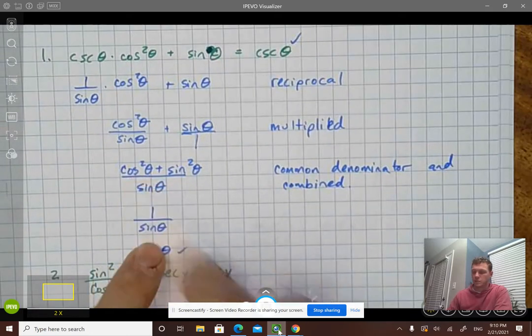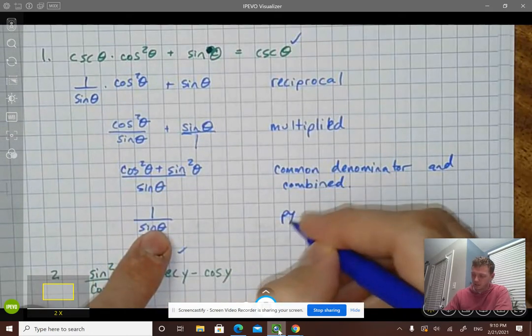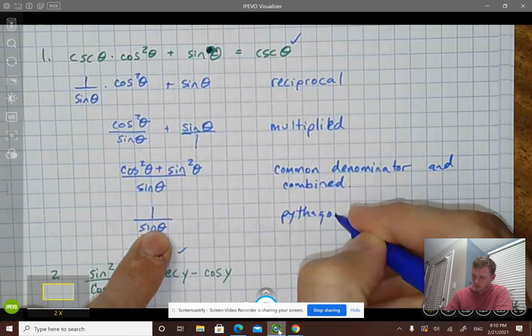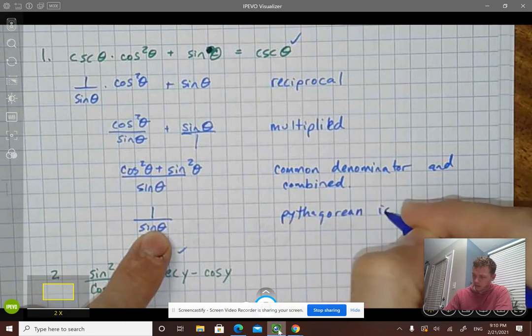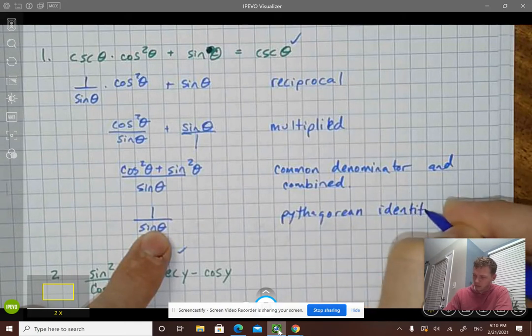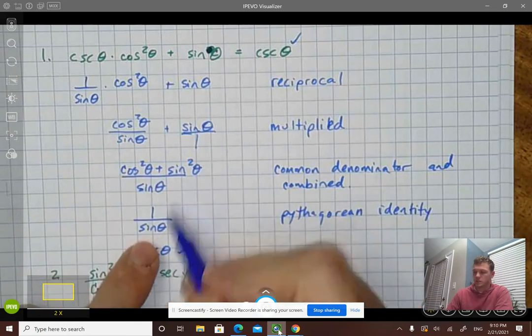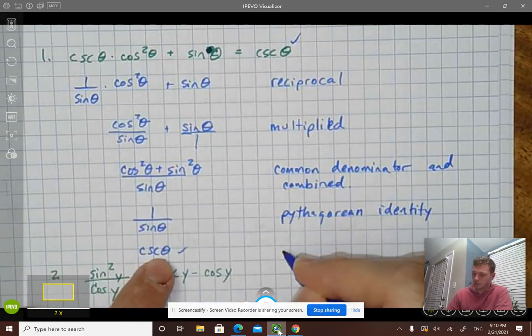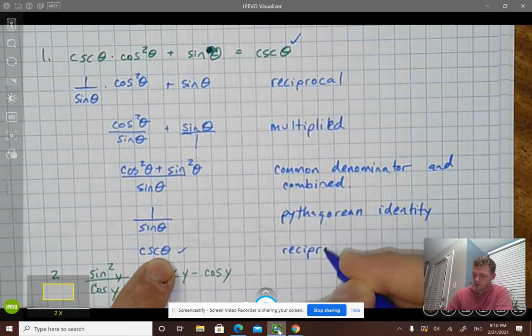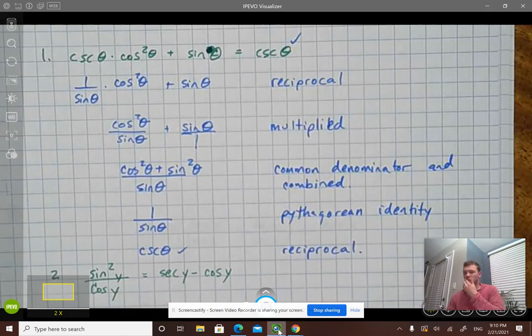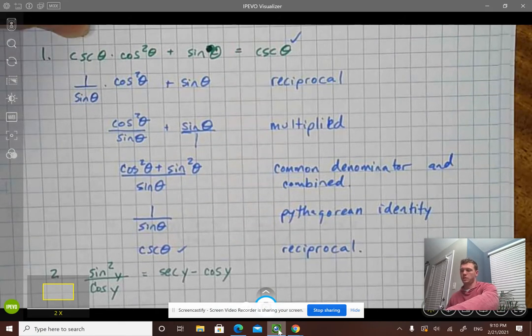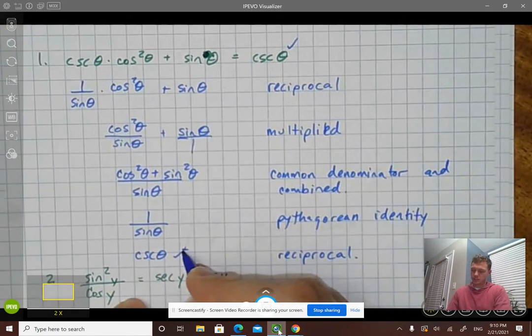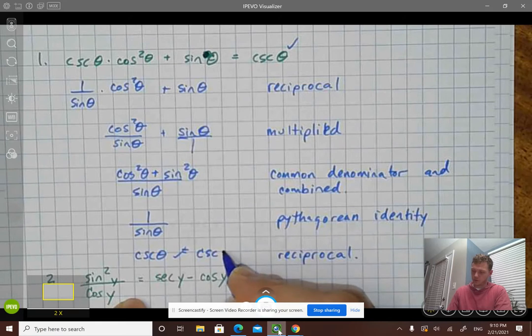The next one we used the Pythagorean identity: cosine squared plus sine squared is equal to 1. And then we had our reciprocal, and then we can say it equals cosecant of theta.